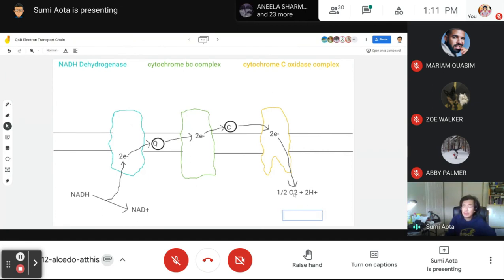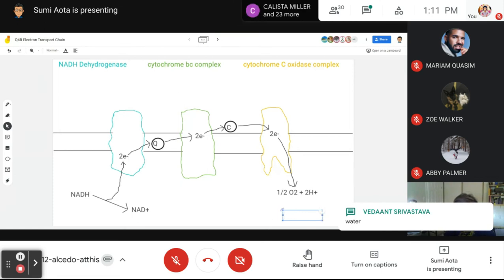If you take half an oxygen molecule and two hydrogens, what are you going to get? Yeah, you're going to get one molecule of H2O.